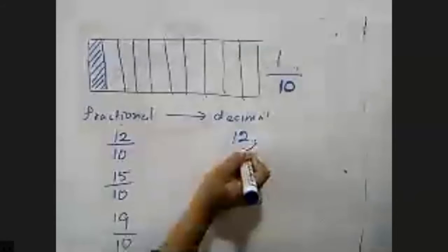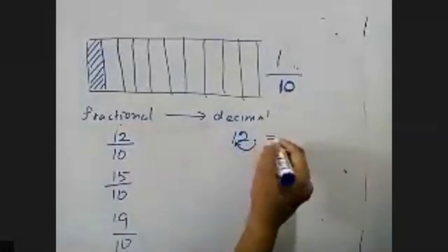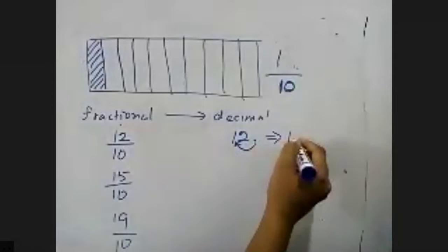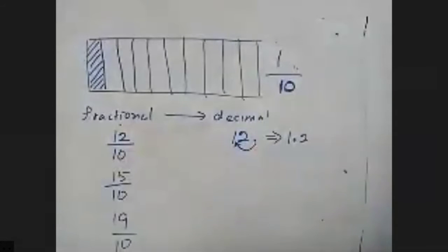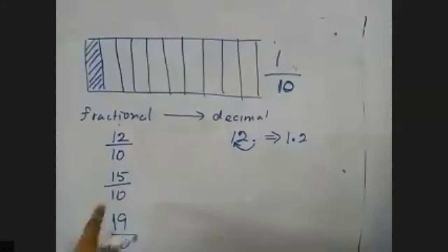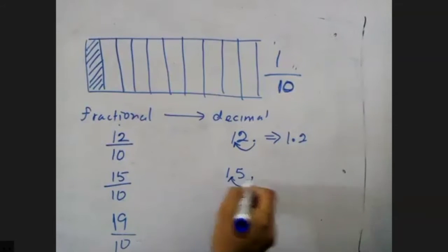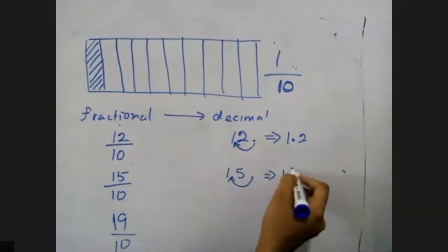So what I do? 1 time means in between 1 and 2. That means it is 1.2. Similarly, just try these questions yourself. The first one, 1.2, I told you. Second one, 15, you write the decimal here, moving 1 time, you are getting 1.5.